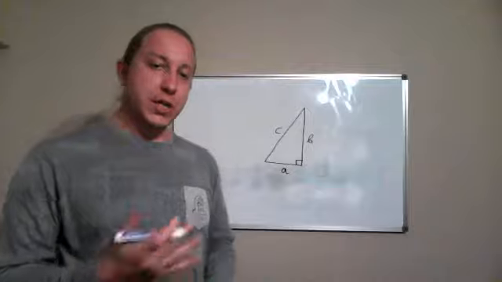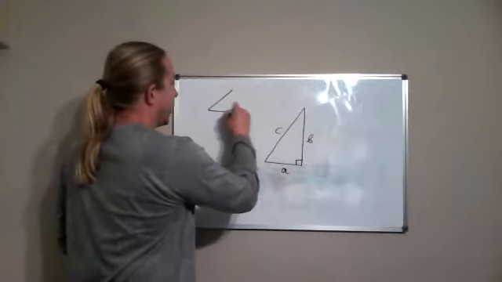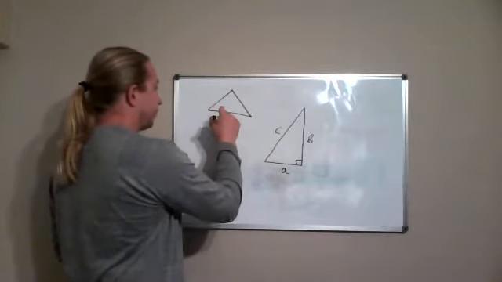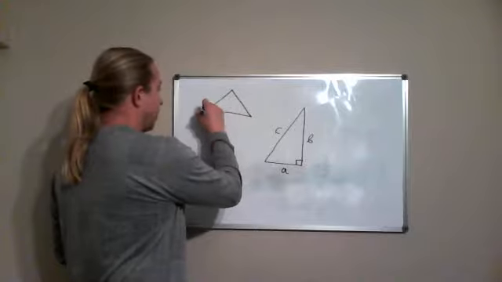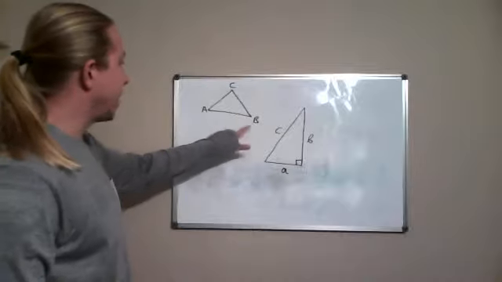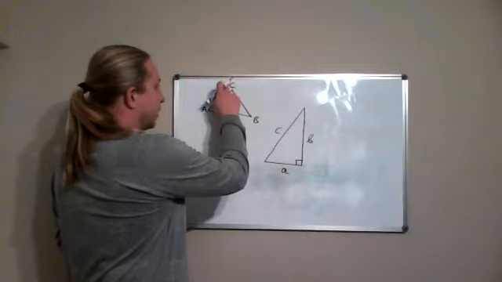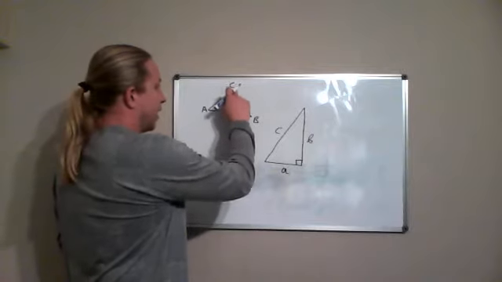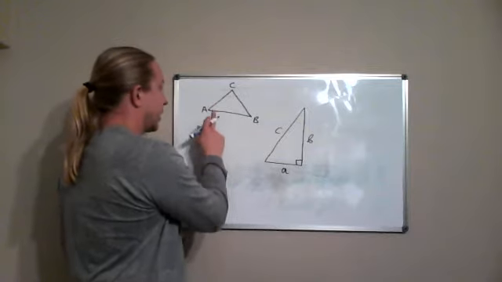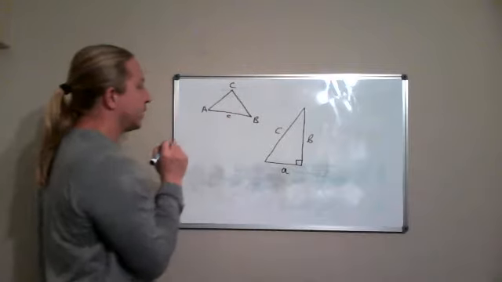Let me just give you a little recap on naming things. Let's say we have a triangle that looks like this, and we have angle A, angle B, and angle C. So we have triangle ABC. These are points. If we have this point C over here, the opposite side, this AB, can be called AB, or it can be called little c.